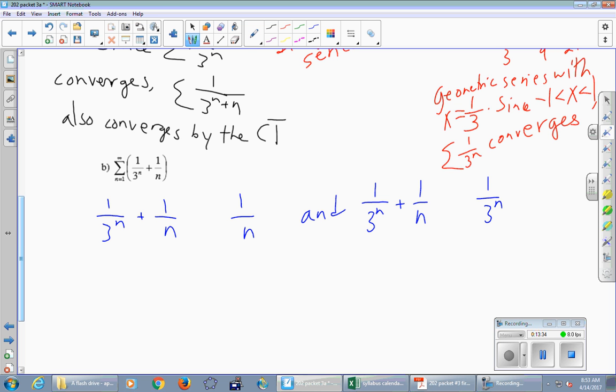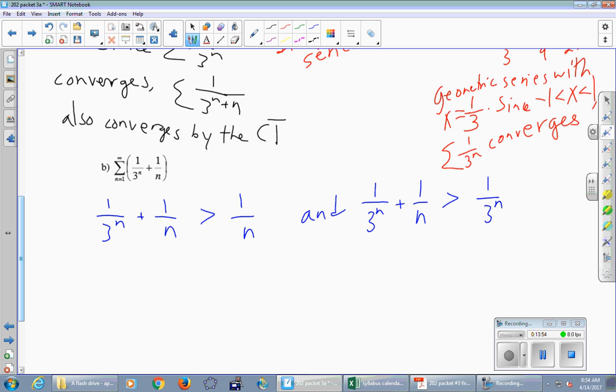What inequality goes in between in the first case? This left-hand one is greater, right? Because you're adding something positive, 1 over n. And how about over here? Also greater. 1 over 3 to the n, but just add a little bit of positive stuff, and it becomes greater.